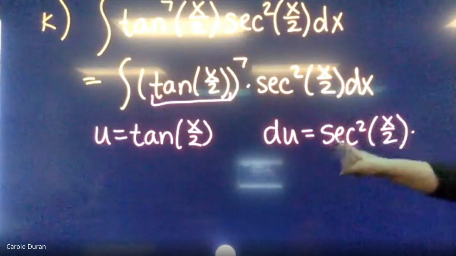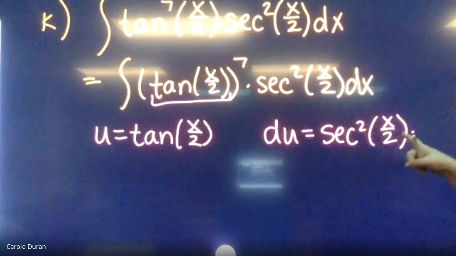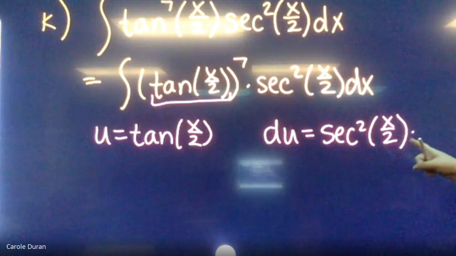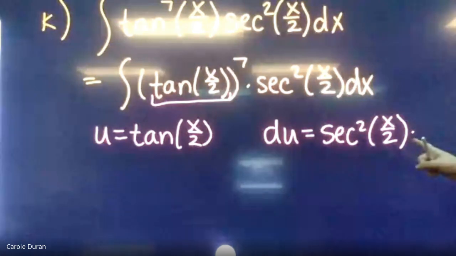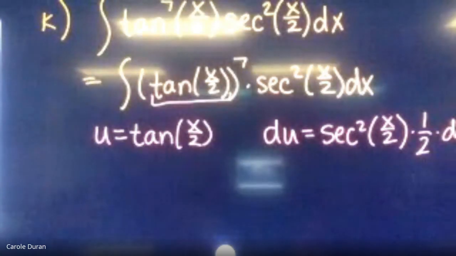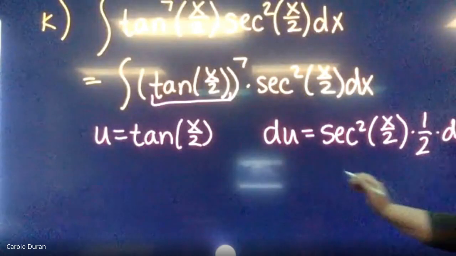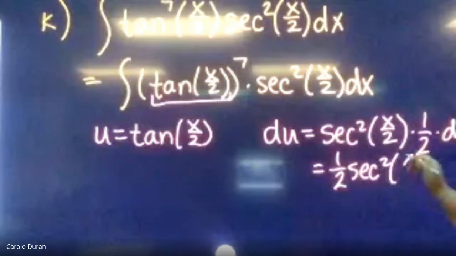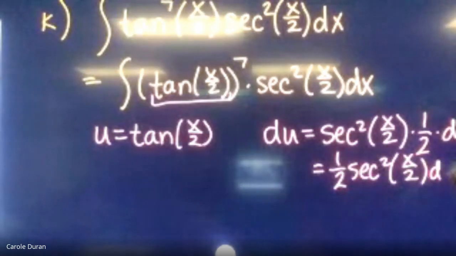So it's going to be secant squared of x over 2 times the derivative of x over 2, which is 1/2, because that's the same as 1/2 x, and then times dx. I'm going to reorder that to make it look nicer. So this is the same as 1/2 secant squared of x over 2 dx. Are we all okay with how I got that?